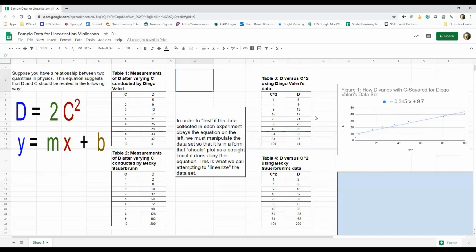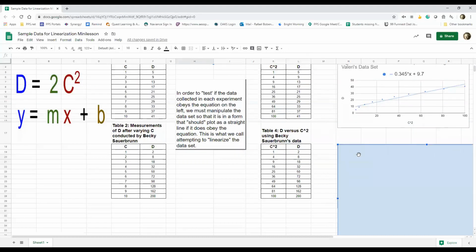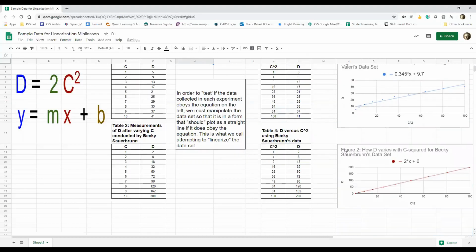Now let's take a look at how Becky Sauerbrunn's graph shows up. Notice when I plot Becky Sauerbrunn's data here in figure 2, not only do I get a nice, neat line with every data point pretty much exactly matching, because I rigged the data this way, but also, look at the slope of the best fit line.